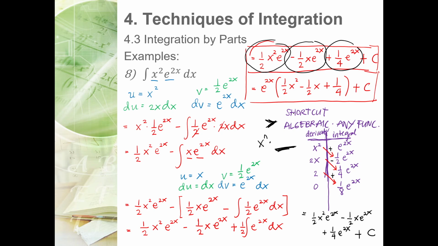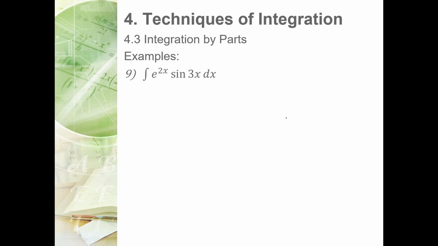Okay? So let's go to the last example. So u is equal to sine 3x, then dv is e to the power of 2x dx.